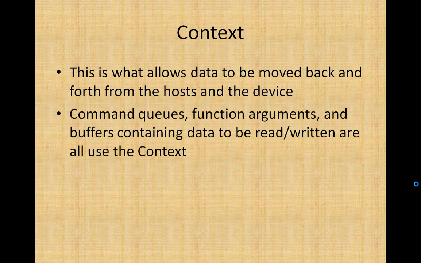Say if you're doing something like image processing, you can have a buffer where you write in the image on the host, and then your device can read that and modify it and write it into an output buffer, which then the host can read and save your result, for example.